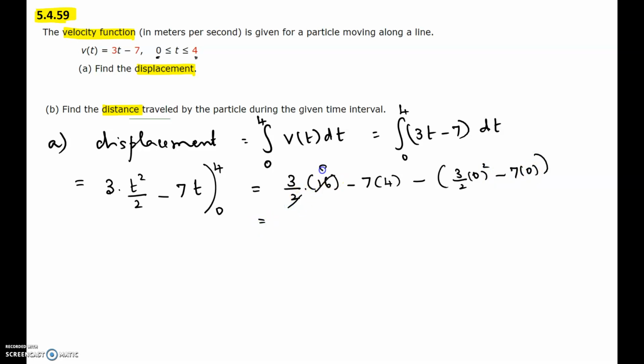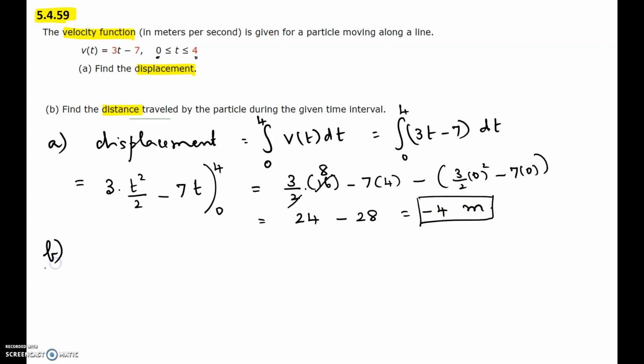On simplification, this is 24 minus 28. This is going to be negative 4, because it is displacement. It could be positive or negative. In this case, we get a negative value for the displacement.